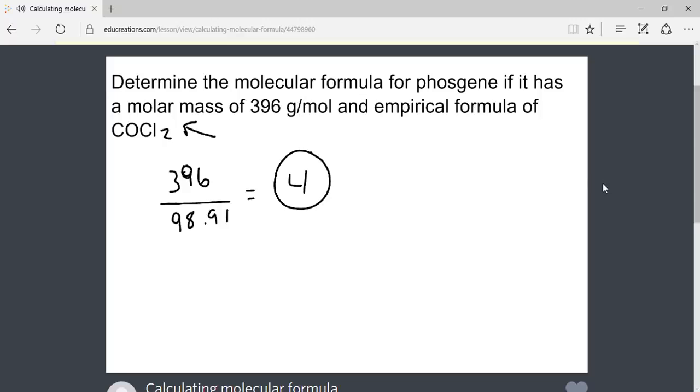Since 4 relates the two masses, 4 will also relate the two formulas. We'll take the empirical formula and multiply each of its parts by 4 to arrive at the actual formula known as its molecular formula, C4O4Cl8.